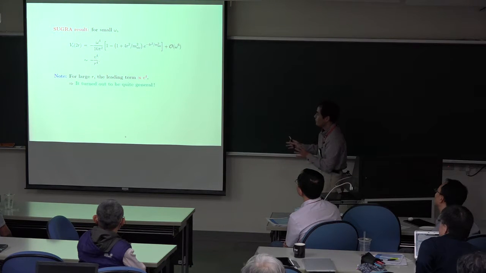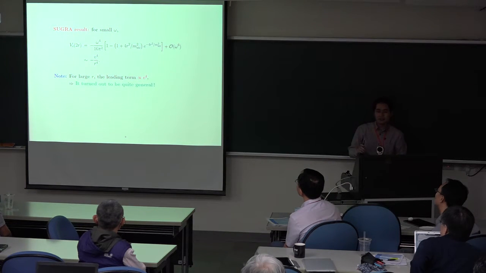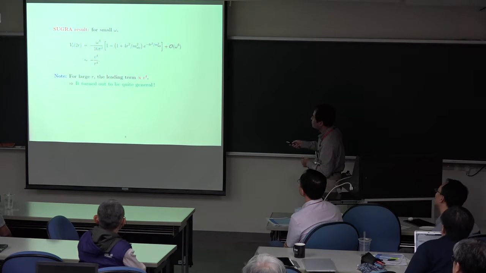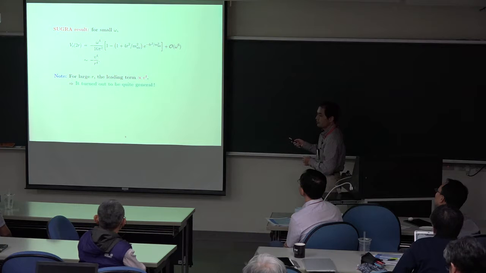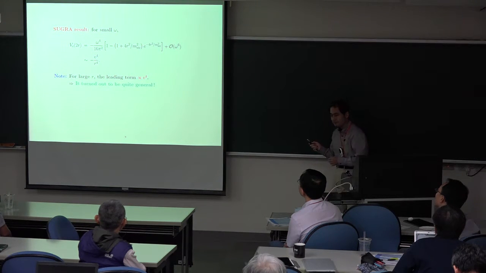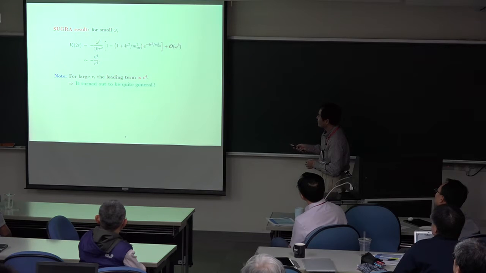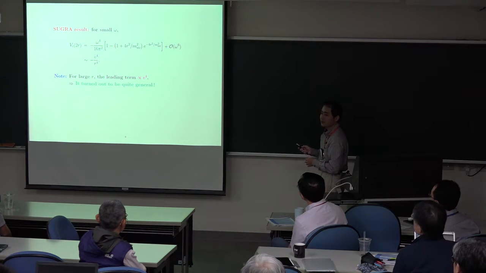If you are familiar with the old calculation in the D-branes scattering, then this is quite similar to this potential, proportional to the v to the fourth power. And actually, recently, one student, Ota-san, found that this kind of behavior is quite general.